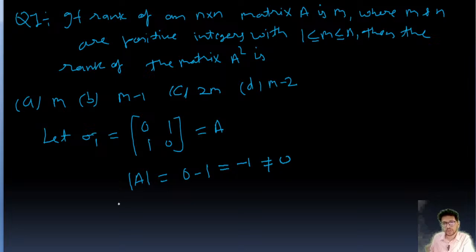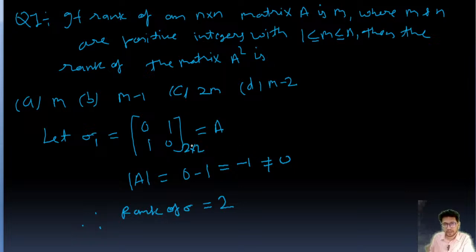Minus 1 is not equal to 0, it means the rank of sigma is 2, because it's a 2 cross 2 matrix and its determinant is not equal to 0.